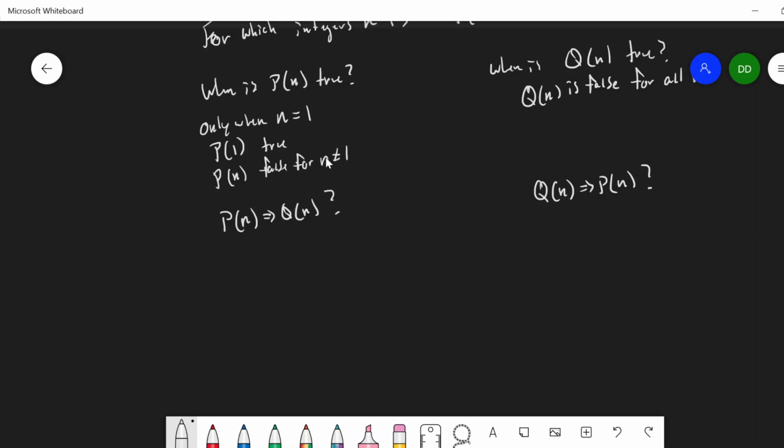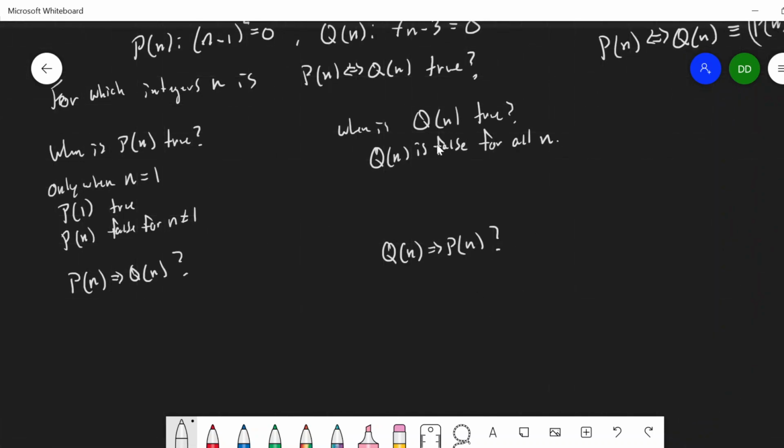So let's investigate when P of n implies Q of n is true. In order for this to be true, whenever P of n is true, I need Q of n to be true. That's all I have to check, right? P of n is true only when n equals 1. So I really just need to consider this implication when n is equal to 1. When n equals 1, P of 1 is true, and I want to make sure, is Q of 1 true?